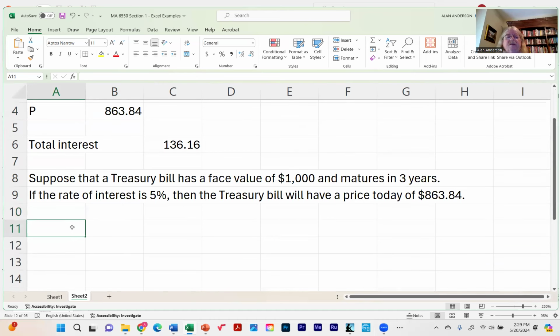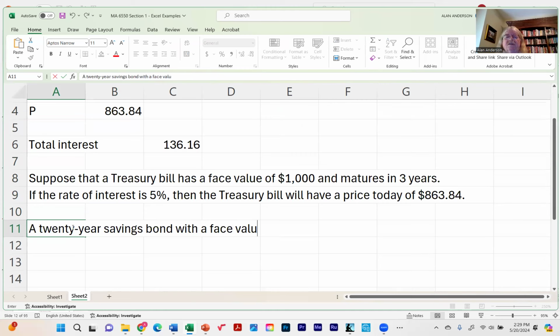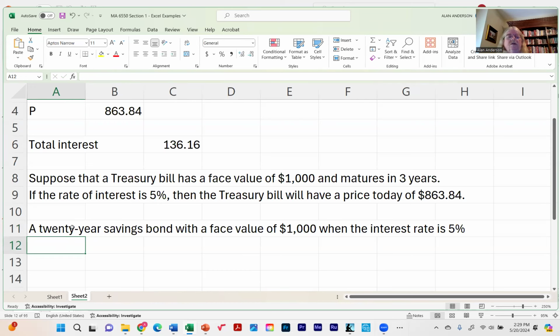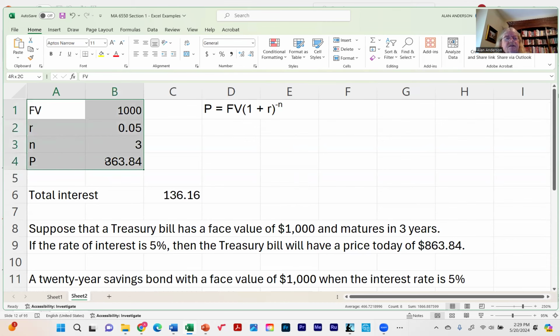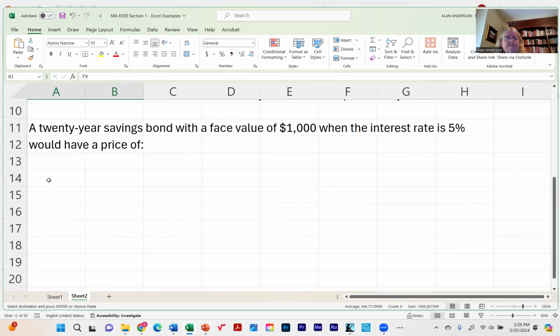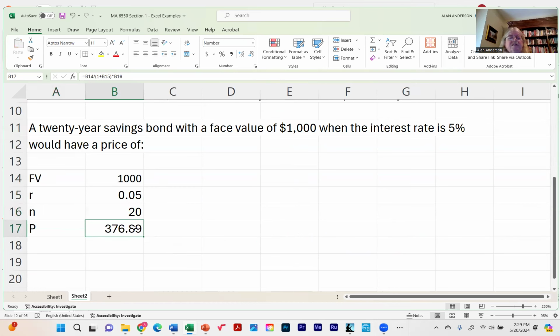For example, a 20-year savings bond with a face value of $1,000, when the interest rate is 5%, would have a price of, and then what you would do is the same thing, except that this time it's 20 years. 376.89.